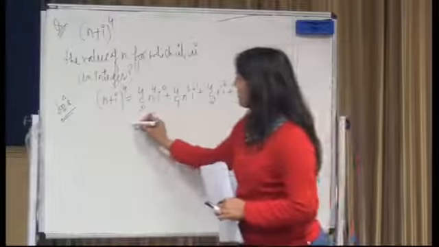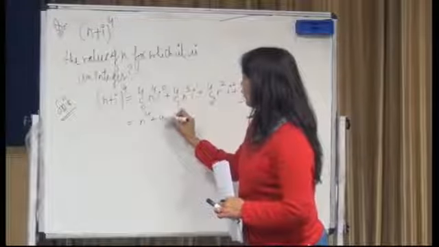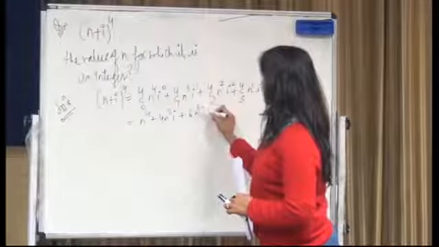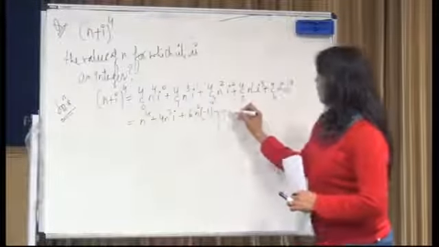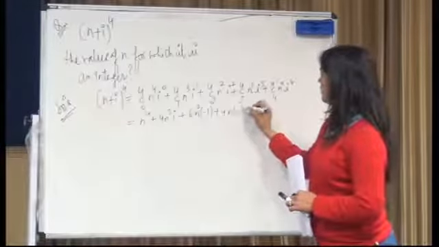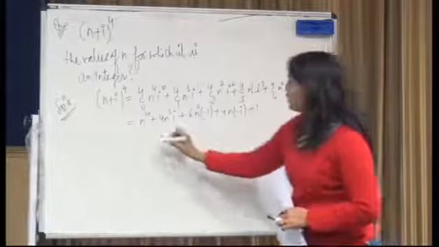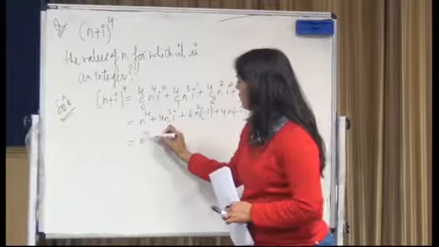Quickly calculated, it will be n^4 plus 4n^3 iota plus 6n^2 times minus 1, minus 4n iota, and then this will be 1, as we know that iota^4 is 1.